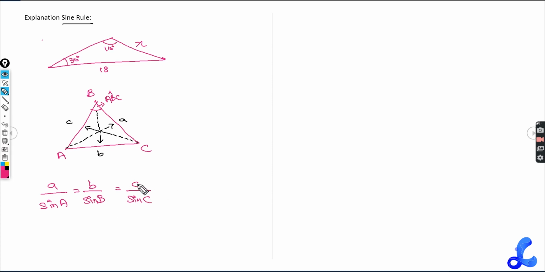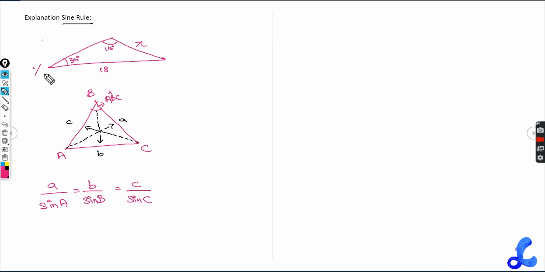You can only use any two terms. So for example, you can use this one, or this one, or you can use a and c together. But you cannot use all three of them together. That's just the general formula that is given to you, right? So let's try this formula in the question given to us above.